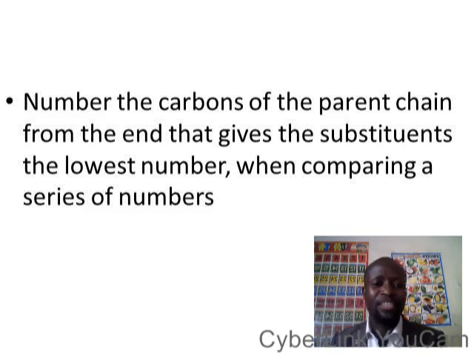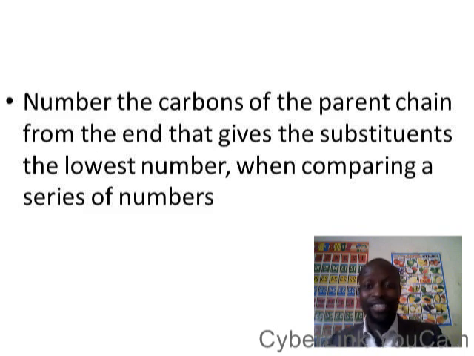Let me explain this a bit. If you have a 5 carbon chain and there is an attachment on number 2, maybe from the right, you don't need to count from the left. You have to start from the end nearest to where the attachment is attached.